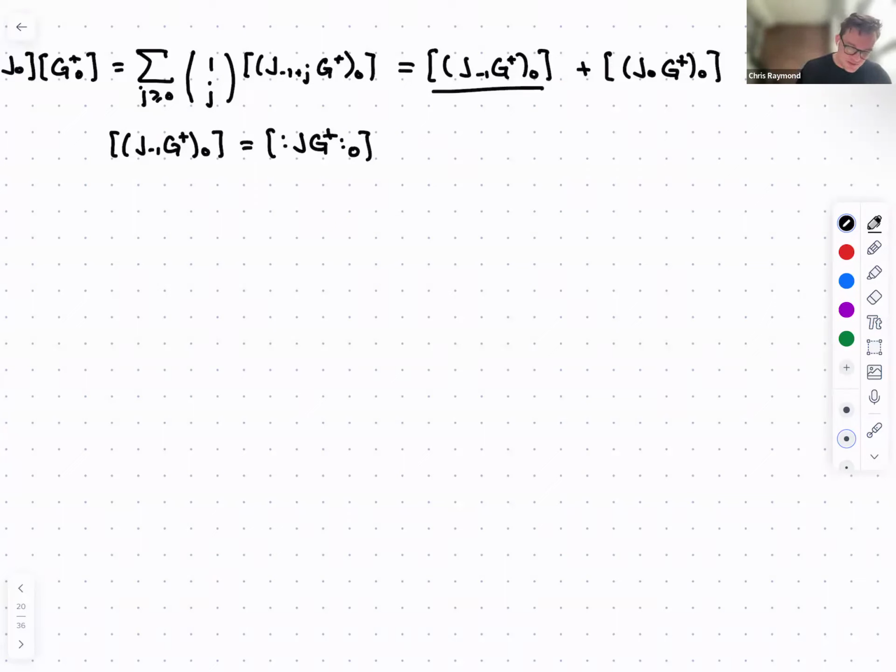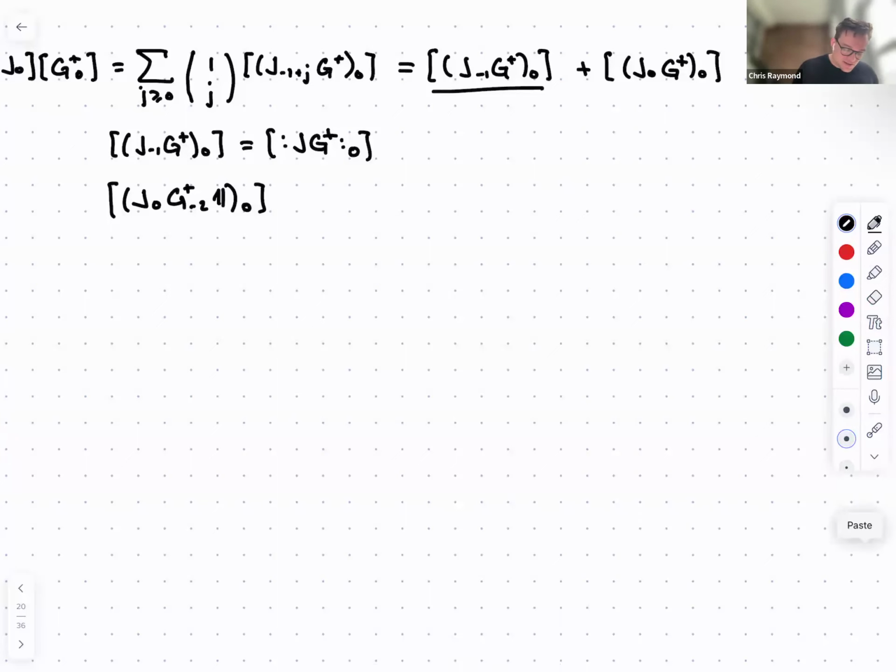The next term is where things can maybe get a little bit more interesting. Here, what I need to do is try and commute this thing past. So what do I mean by that? Well, J0 acting on G plus, I can rewrite this as the zero mode of J0 acting on G plus minus 2, because of my conformal grading on my algebra, acting on my vacuum vector. Here I have 1 standing in for my vacuum vector, and this is the corresponding zero mode.